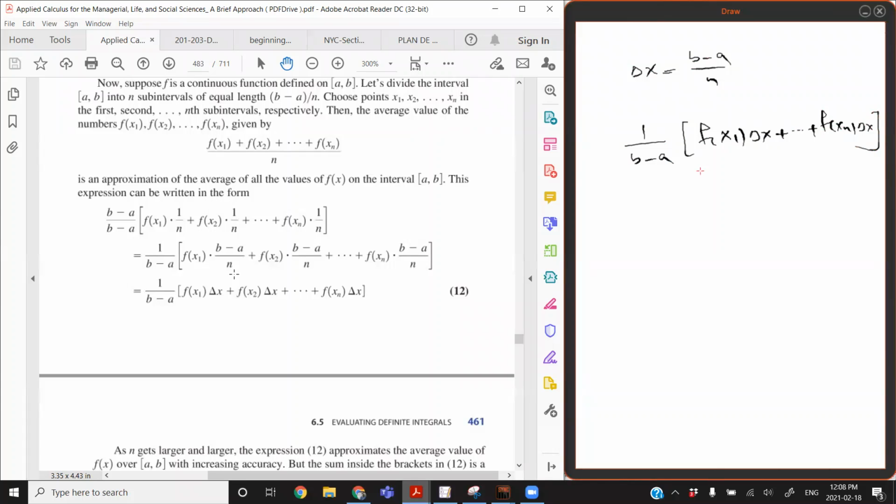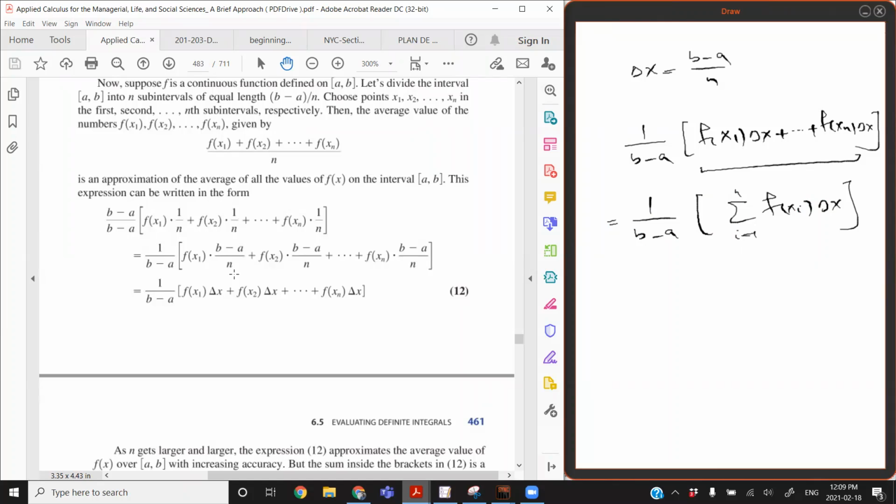And also, you should recognize that what we have here is actually the Riemann sum. So if I want to write that using the summation notation, that's going to be the sum of f of xi times delta x, i from 1 to n. So the approximation is actually 1 over b minus a times the Riemann sum for the average value of the function.